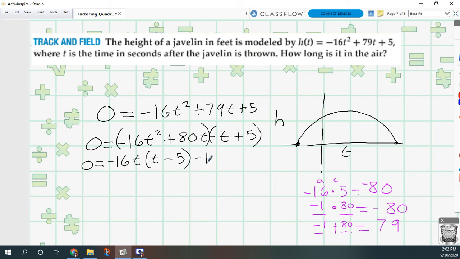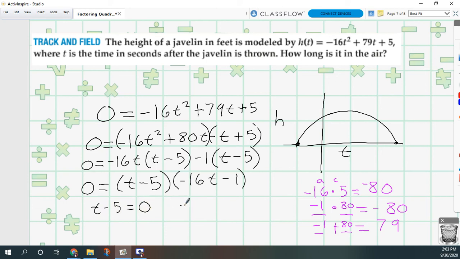Then on our second one, we're going to factor out a negative 1 so that we flip the sign as well. So lastly, factoring out that common expression of t minus 5, we're left with a negative 16t minus 1. So now that it's all nice and factored for us, we can set each of those factors equal to 0. So we're going to get t equals 5, and t equals negative 1/16.